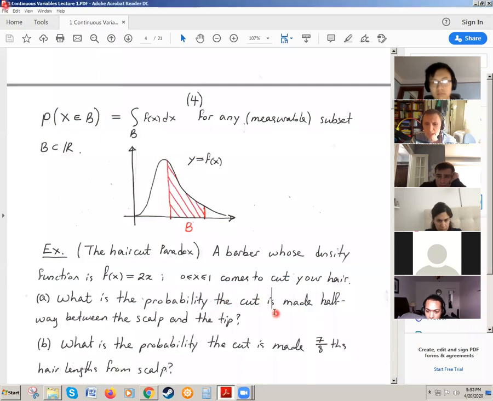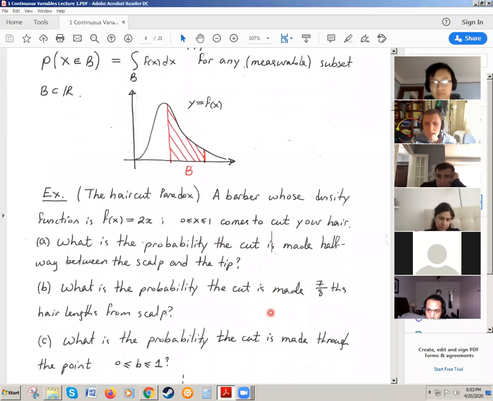And let me ask you all the questions right away. So there is A, B, and C. The probability that the barber will snip your hair exactly halfway between the scalp and the tip is 0. What about 7 over 8? In other words, here you just measure 8 pieces of the hair, you move up, and you snip away the last 8. What's the likelihood that happens? 0.